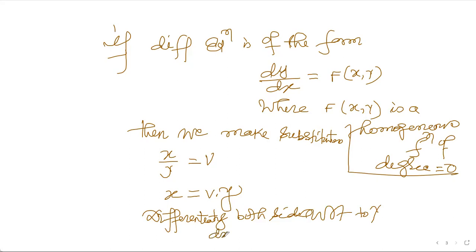We get dx by dy is equal to v as it is into 1, plus y as it is into dv by dy. And we can again proceed further like on the previous page. So in all those cases, I am finding that the equations are simpler and can be easily understood.